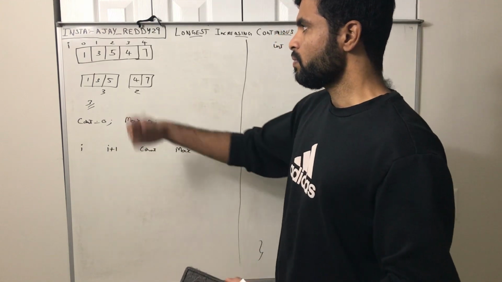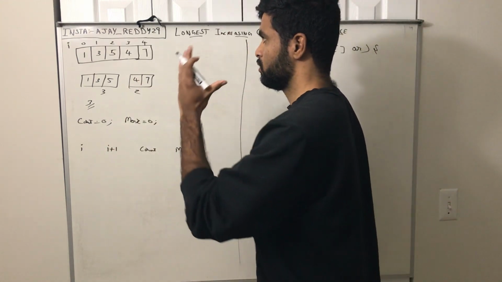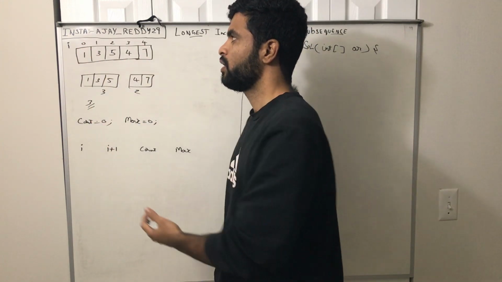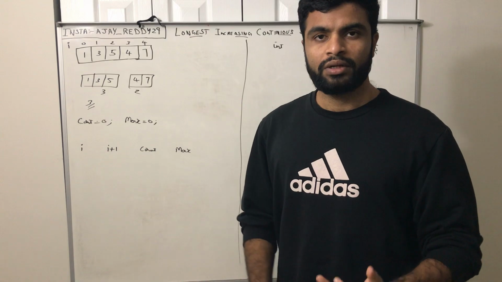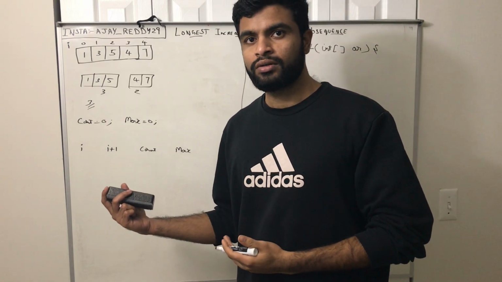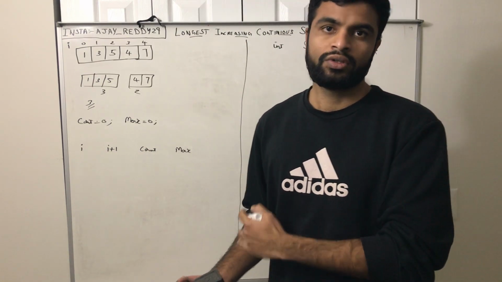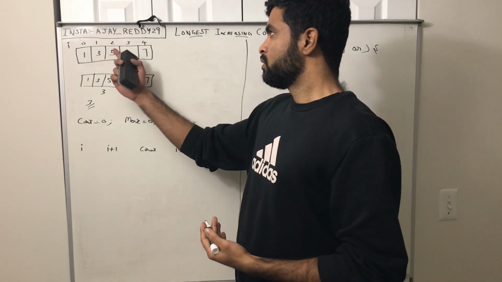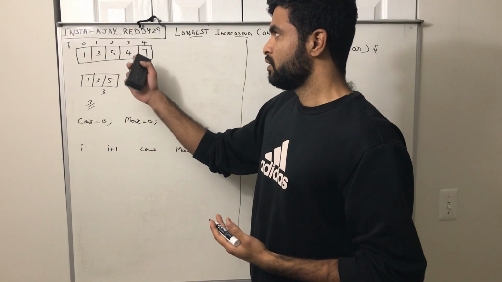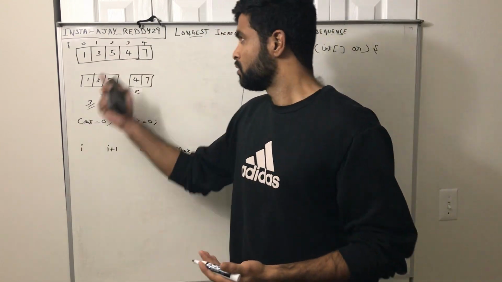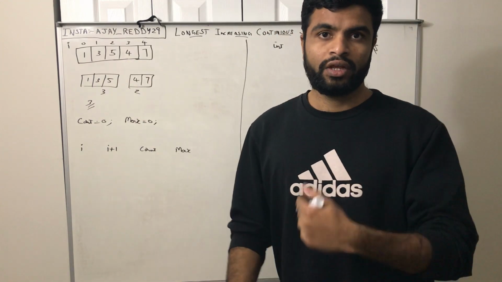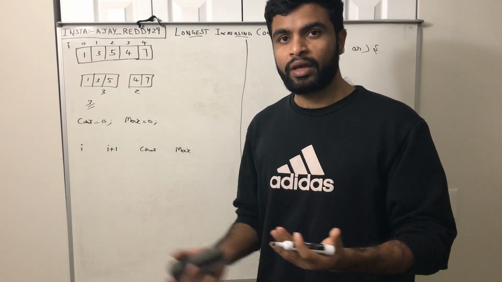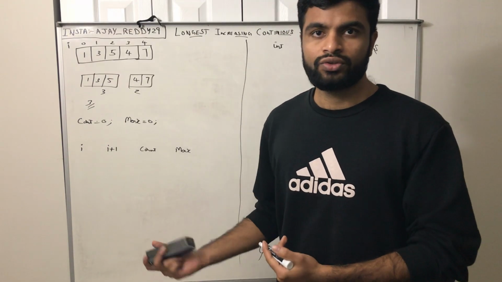The idea is that in each and every iteration I want to check the ith element with the I plus 1 element. If the ith element is less than the I plus 1th element, that means it is in increasing order. So at that time I will increment the count. Whenever the ith element is greater than the I plus 1th element, like here 5 and 4, that means it is not in increasing order anymore. So at that time I will reset the count to 0.